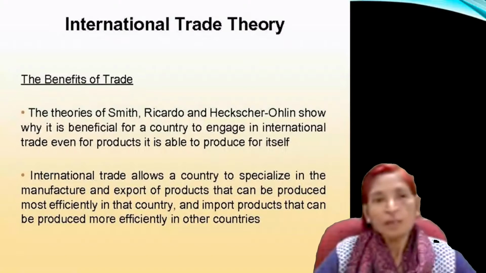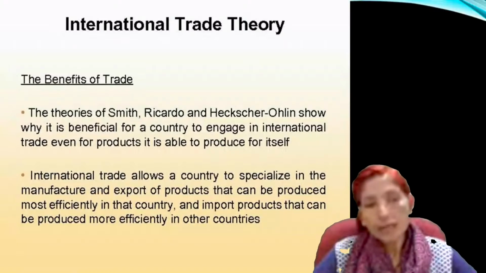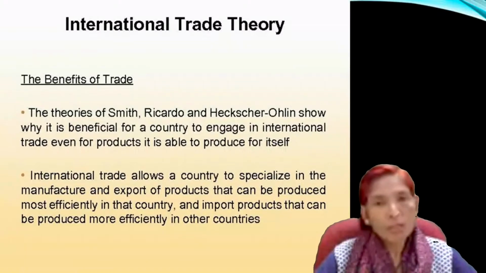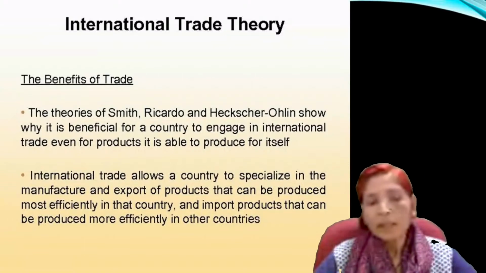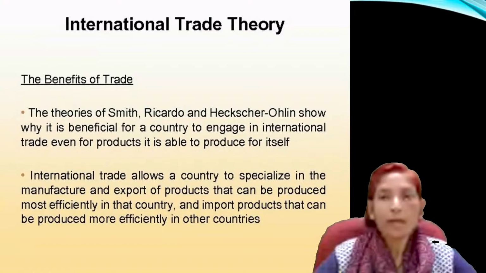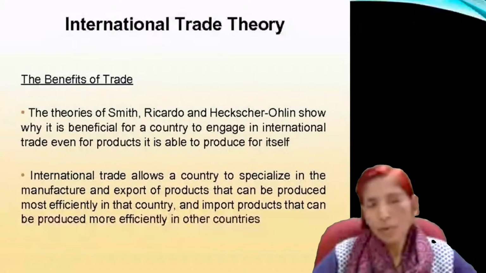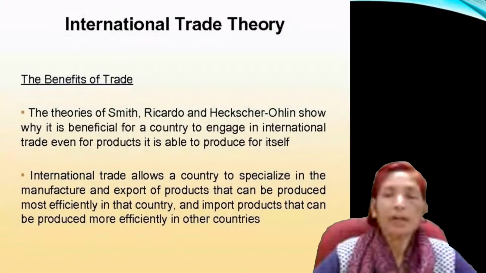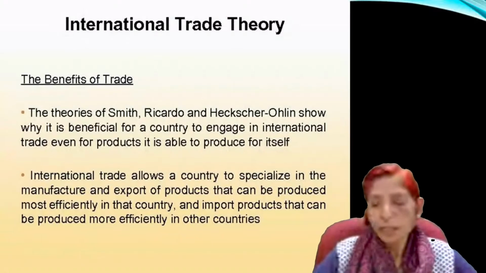International trade allows a country to specialize in manufacturing and exporting those goods which they can produce most efficiently, and import those goods from another country in which they don't have as much efficiency. In this way, exports and imports exist, and it helps different countries, and the world globally, get more advantages from international trade.